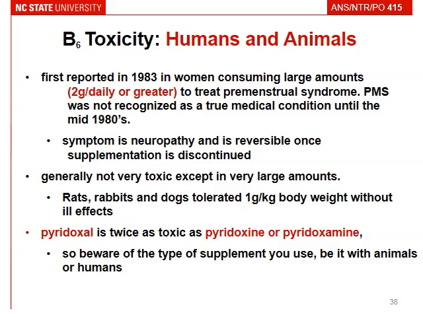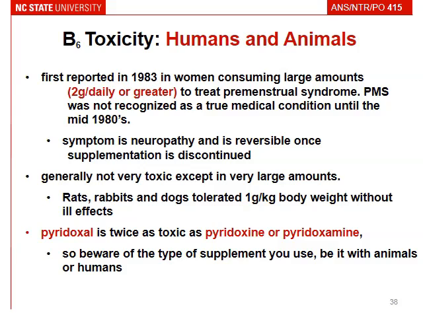But with these high levels, greater than 2 grams per day, which is a significant amount of B6, they had some neuropathy, and these symptoms reversed once the women stopped taking the supplement.